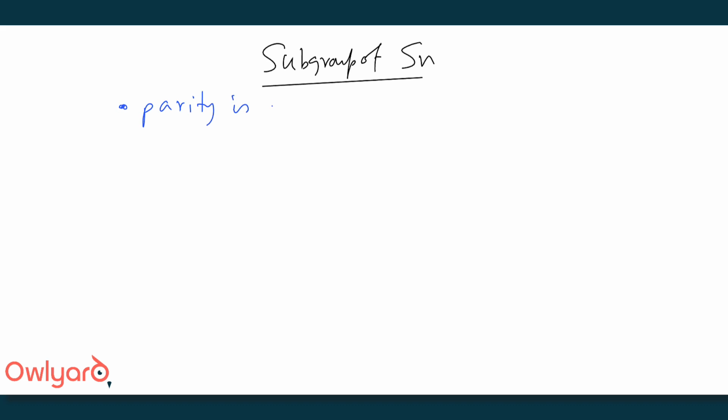Okay, let's now look at the subgroups of the symmetric group Sn. One thing to clarify is that parity is actually a property of a permutation itself.